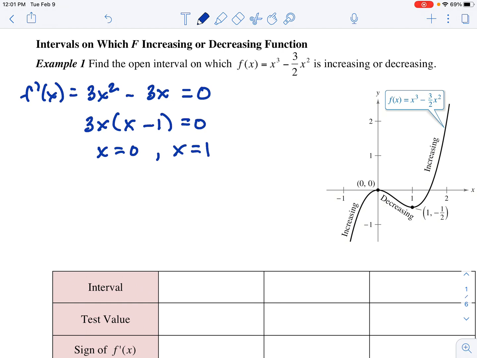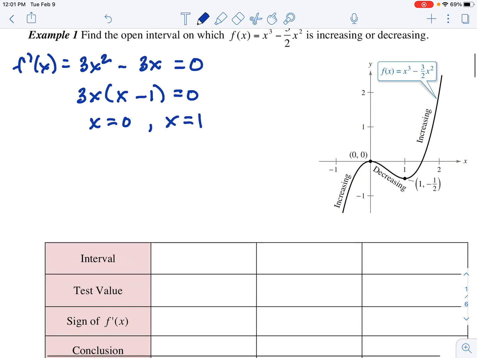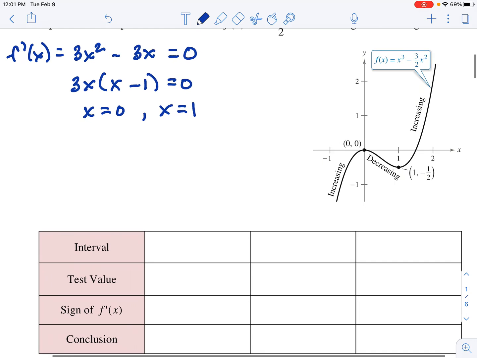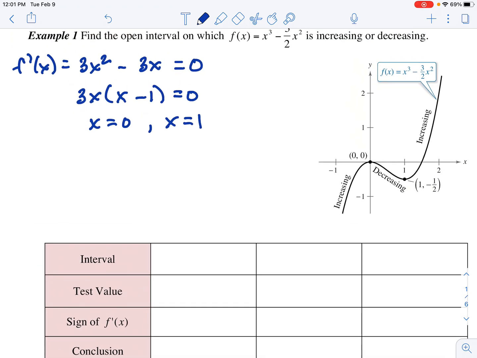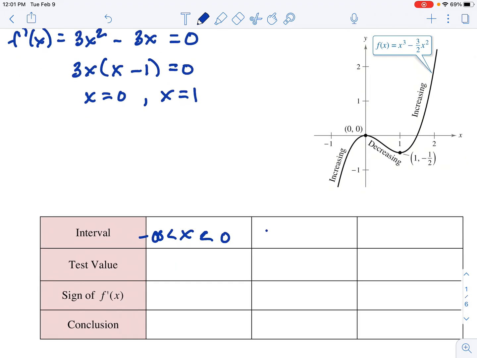So those are our critical points. So how would we write our intervals? Negative infinity, next one. Okay, good.